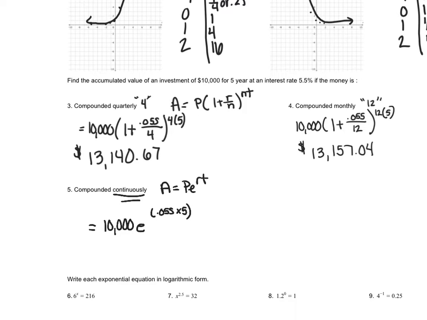So in my calculator, I'm going to hit Shift ln, which gets me the e, 0.055 times 5, close the parenthesis, hit equals, and then times it by 10,000. So we get $13,165.31.